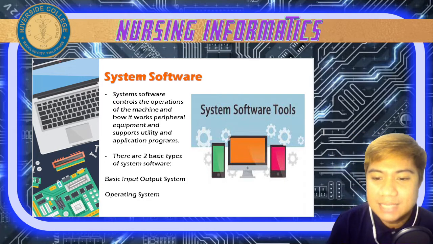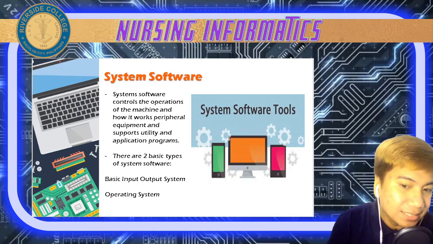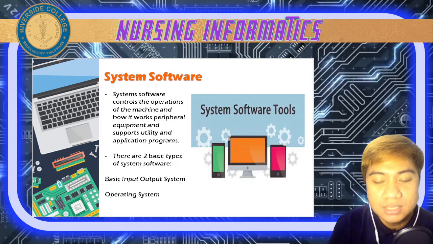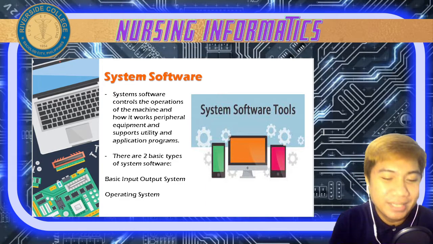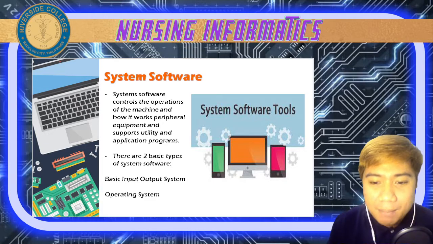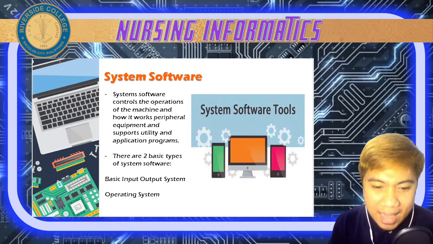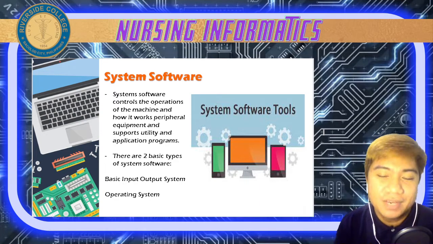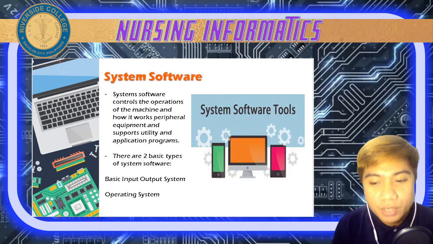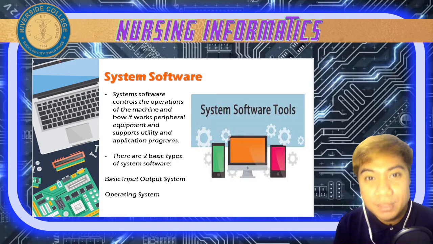So we have here two basic types of system software. We have the BIOS or basic input-output system, and we have the OS, or operating system. BIOS handles the first level of system control, and it is stored on a ROM chip on your motherboard.